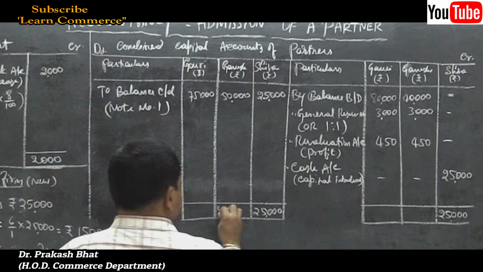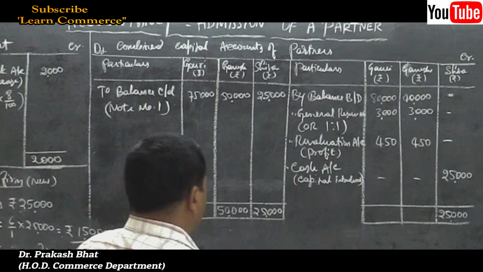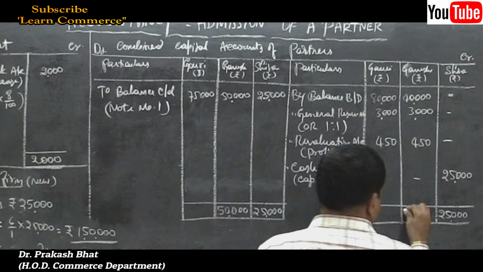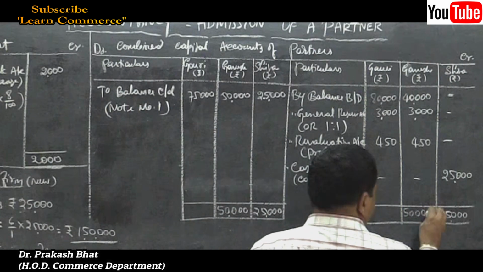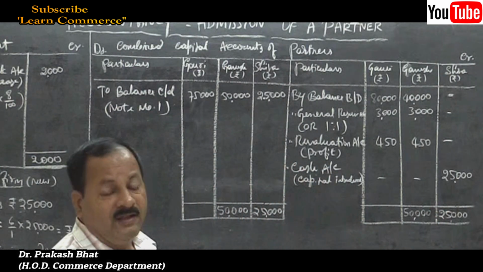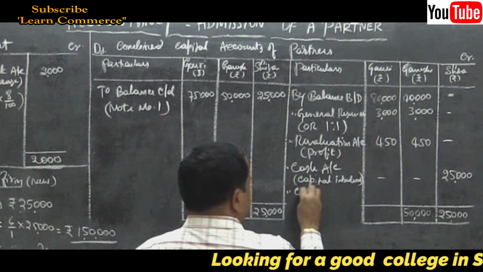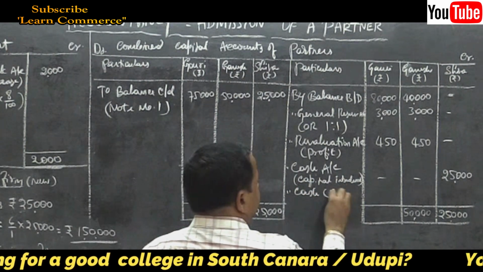So there is a shortage. Ganesh should have 50,000 in his capital account, but he has less than that. So he should bring capital by cash. This is the difference, balancing figure.